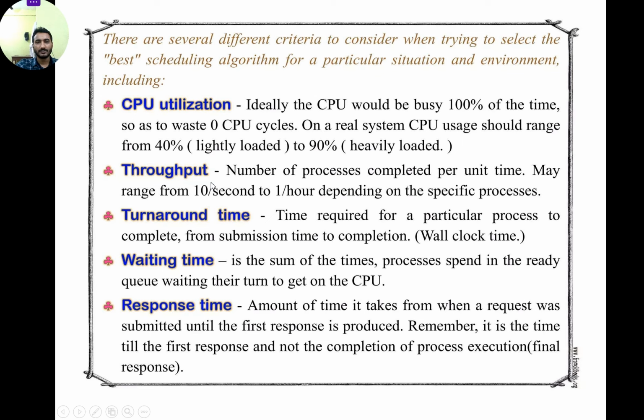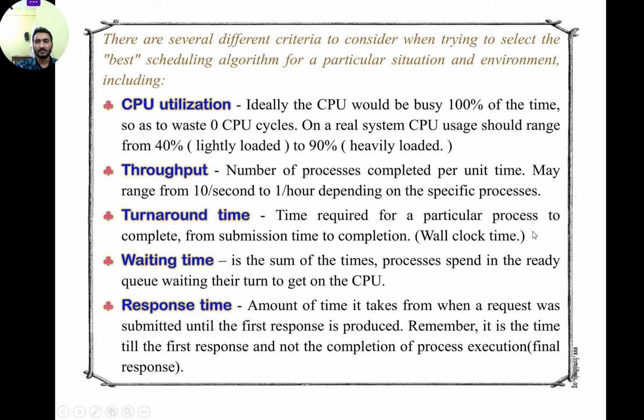Now we'll talk about throughput. What is throughput? It is the number of processes completed per unit time, meaning in one unit of time how many processes we complete. On average we calculate throughput. It may range from 10 processes per second to 1 per hour, depending on the specific processes. Now we'll discuss turnaround time.